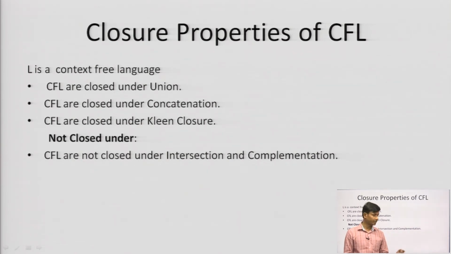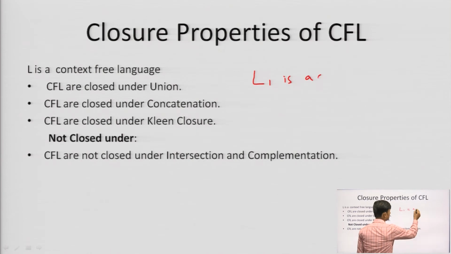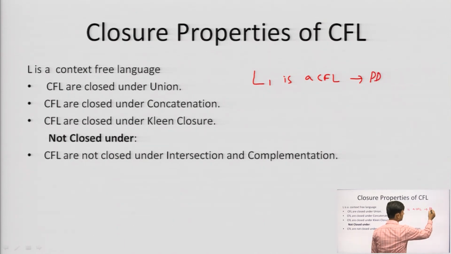What is the meaning of this? If L1 is a context free language, L1 is a CFL, then we have a PDA for this, PDA 1, push down automata, for L1.